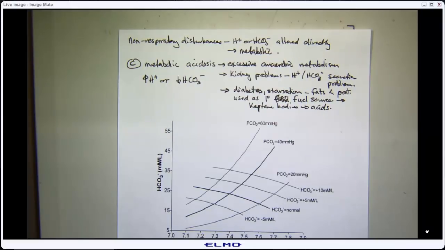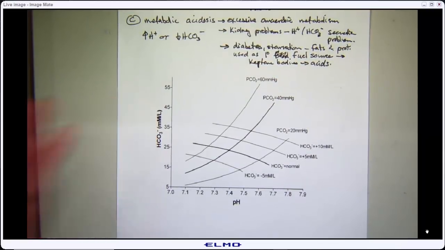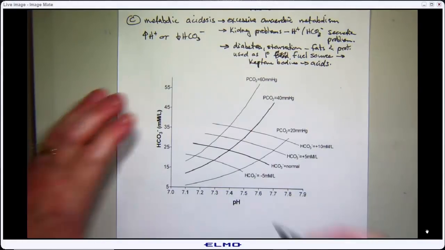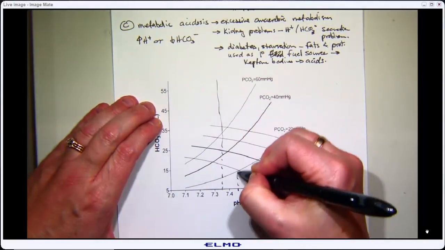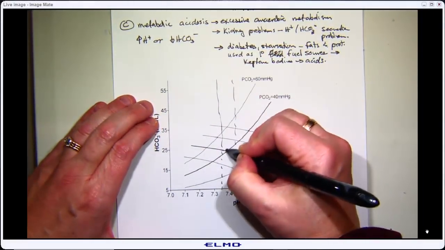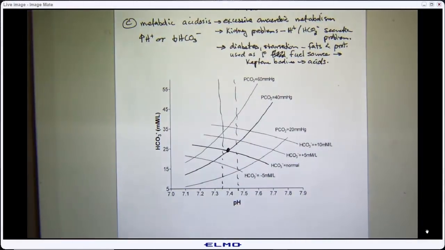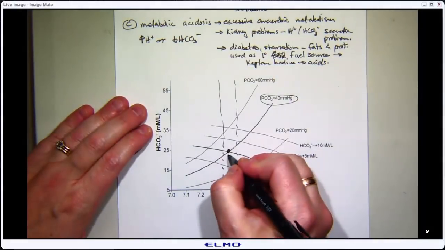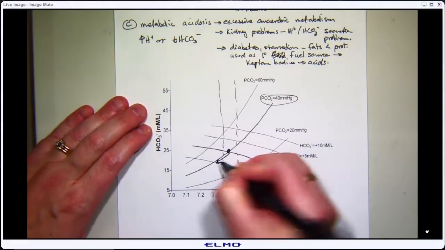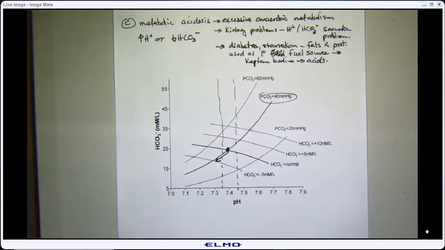All right, so we would ask ourselves then, what is this problem? Okay, so at the end of the day, if we think about our Davenport diagram, this is a problem that at the same CO2, so CO2 didn't change, there's no respiratory issue here. We have less bicarb, so that's like jumping down to a base deficit, okay?